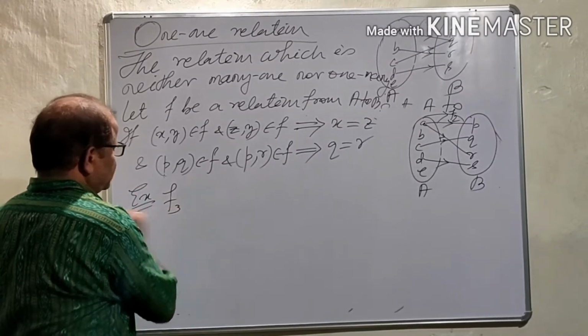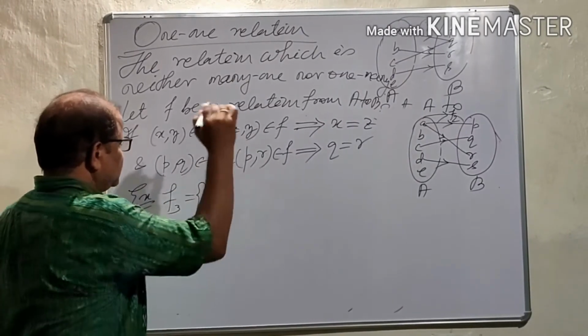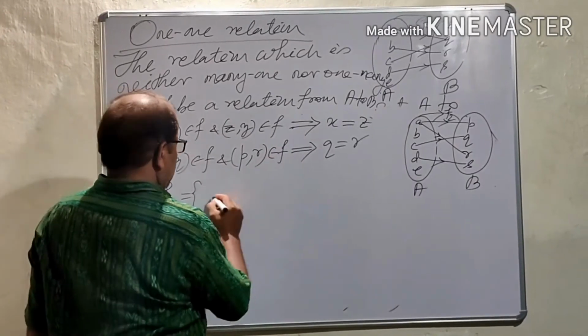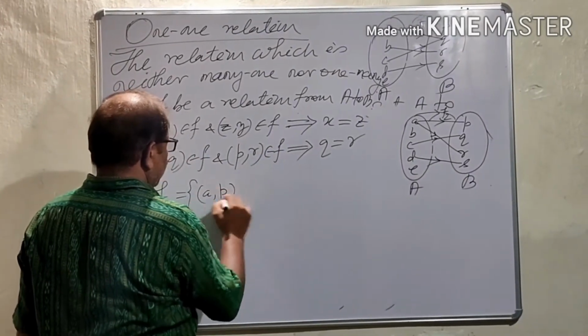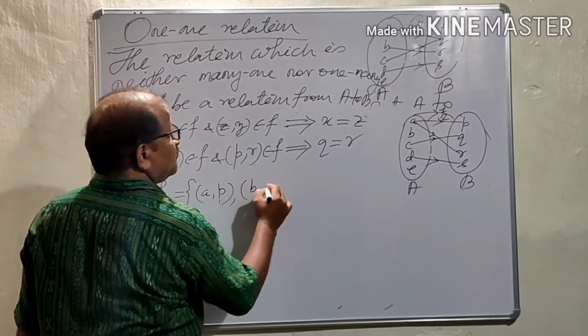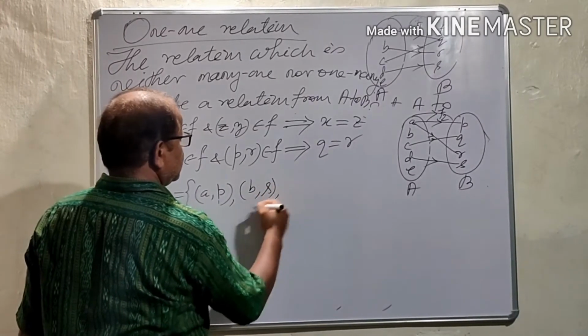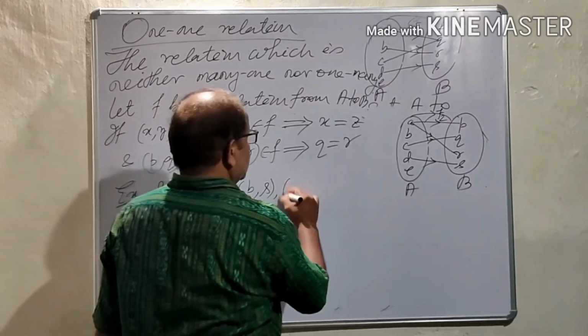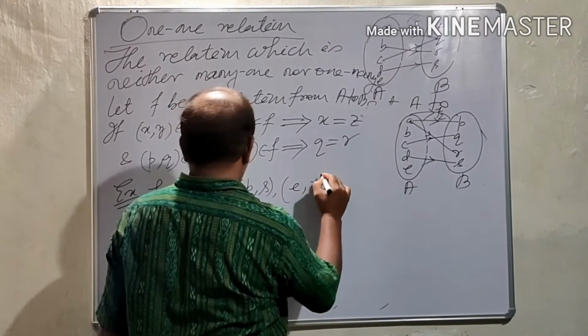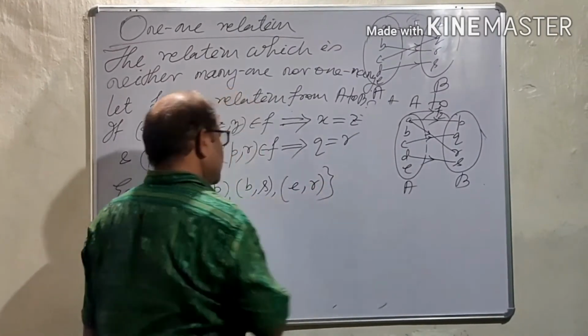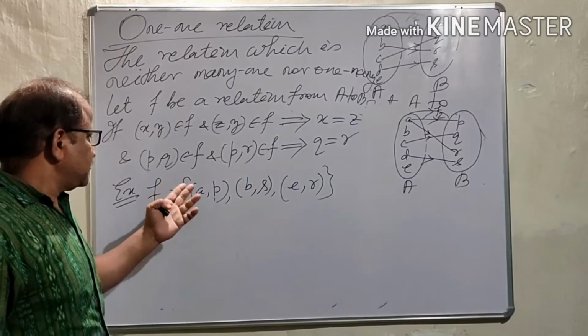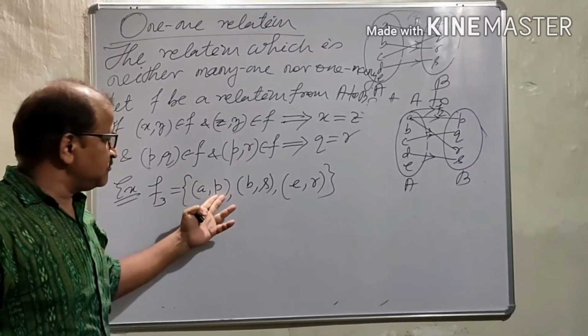Say F3: (a, p), (b, s), (e, r). You see, one is related to one only.